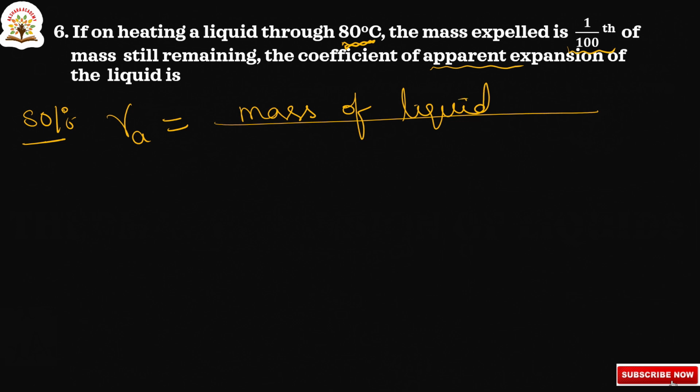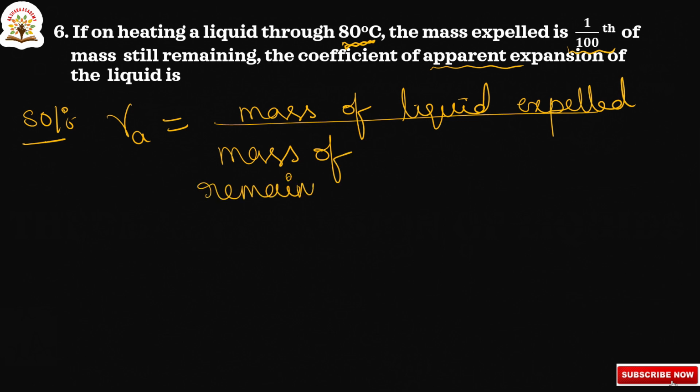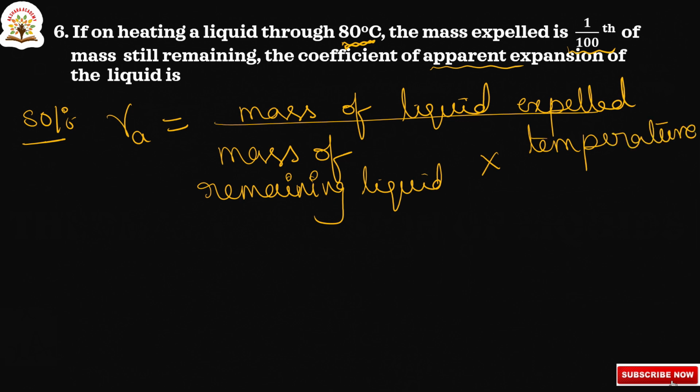Here gamma A, the coefficient of apparent expansion of a liquid, is equal to the mass of liquid expelled by the mass of liquid remaining into the temperature difference.